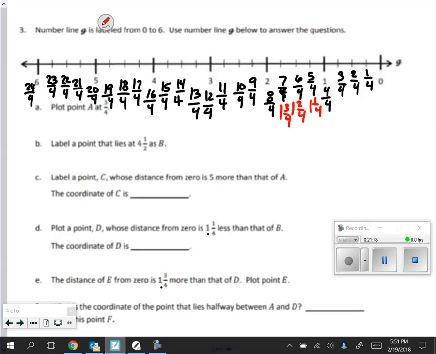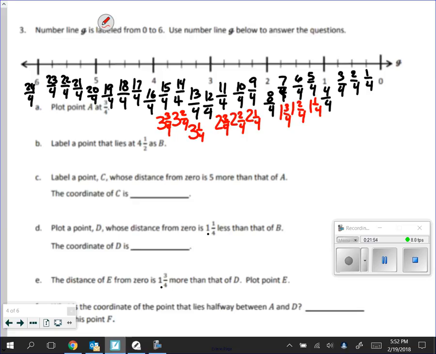That's the 2. 2 1/4, 2 2/4. Oops, 2 3/4. It starts to get cluttered after a while, but you get the point.